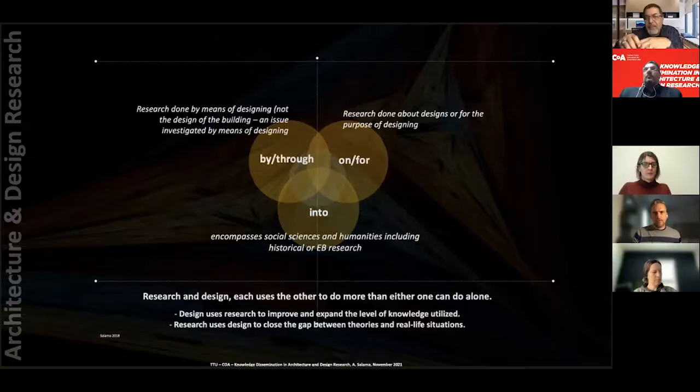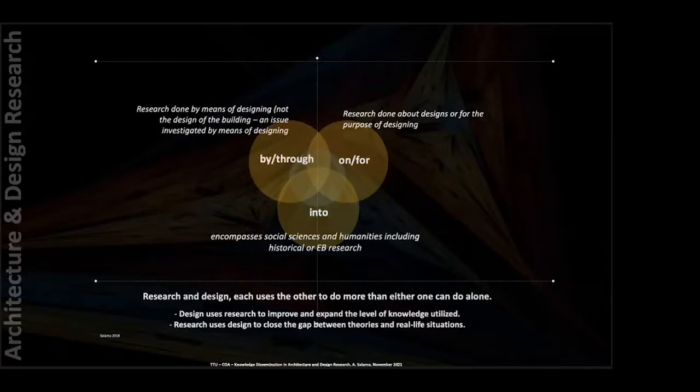It's like taking precedents a step further and interrogating previous examples through post-occupancy evaluation. Then research into design, which is basically about the development of knowledge and encompasses social sciences, humanities, and all kinds of frames that were presented in the previous slide.